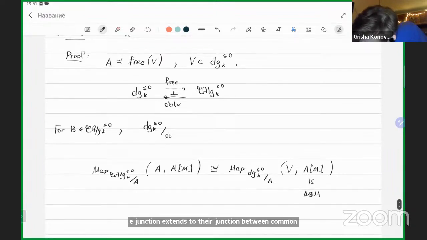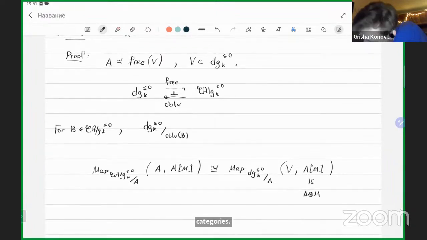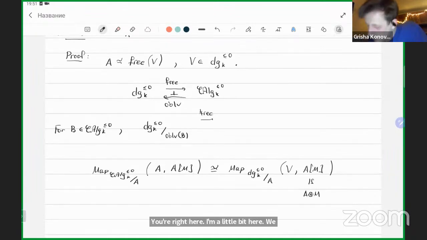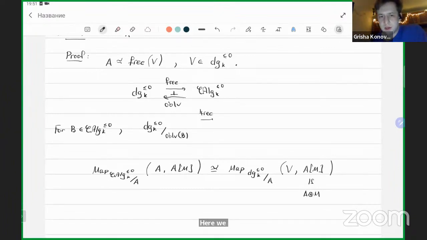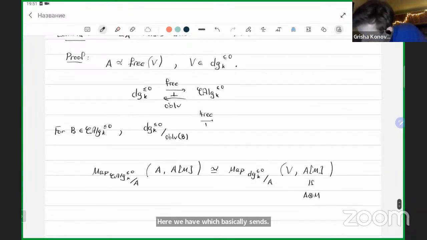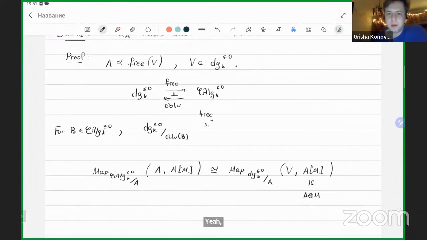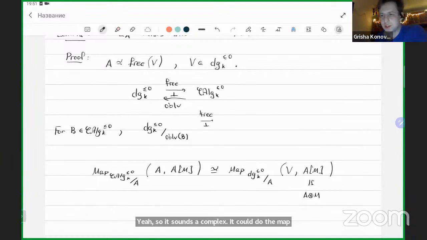Here on the level of B, the left adjoint sends a complex equipped with a map to an algebra, to the algebra generated by the complex equipped with a map to the algebra.